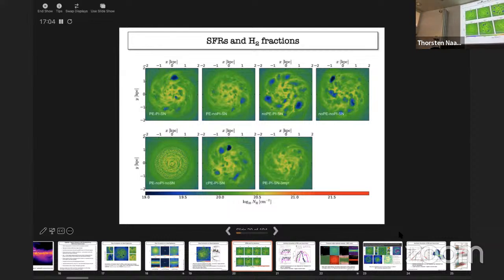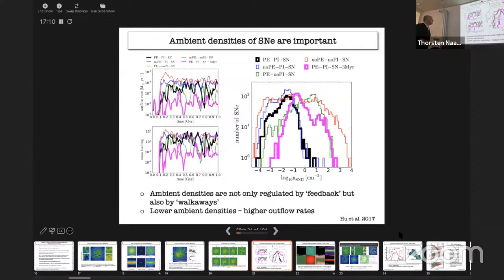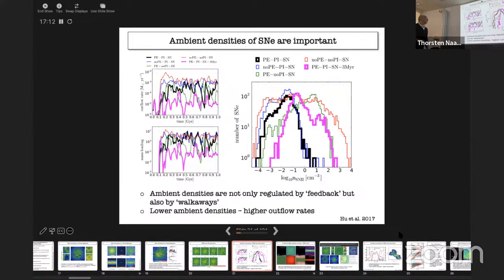And you might wonder, why do you do this? Looks a bit different, but who cares? And this is the reason why we do this. What I show you here is the distribution, the number of supernova explosions as a function of the ambient density where they explode, okay?